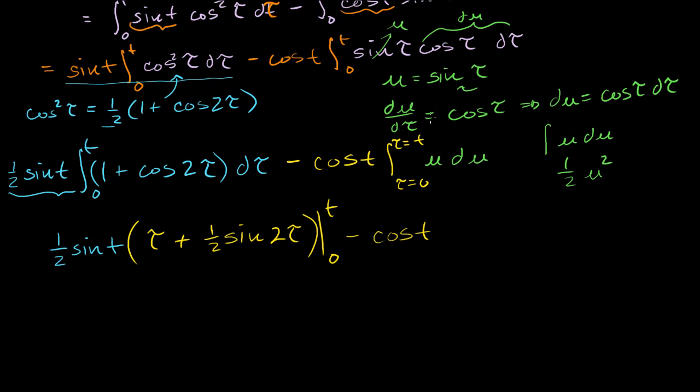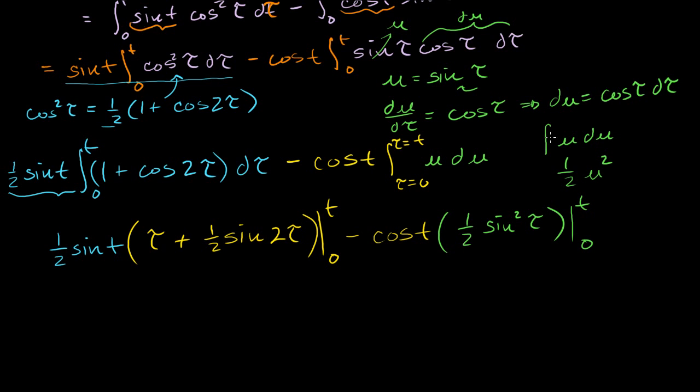It was sine of tau. So it's going to be 1/2 sine of tau, squared. And we're going to evaluate that from 0 to t.